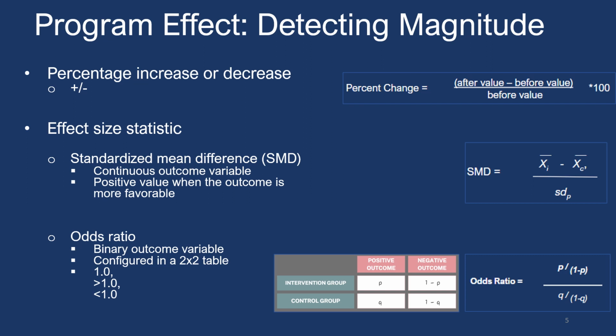The most common effect size statistic is the standardized mean difference, which calculates the differences between the mean of the intervention group and the mean for the control group in standard deviation units. It is appropriate to use this for continuous outcome measures such as age, income, days in jail, speed, etc.